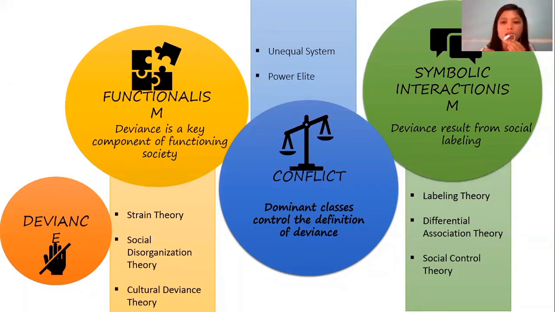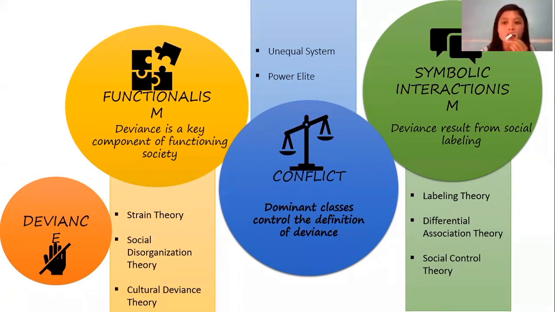Next, deviance promotes social change, wherein deviance encourages the dominant society to take alternative norms or values to those already established in the society. So here, not all the time will people agree on a certain norm.